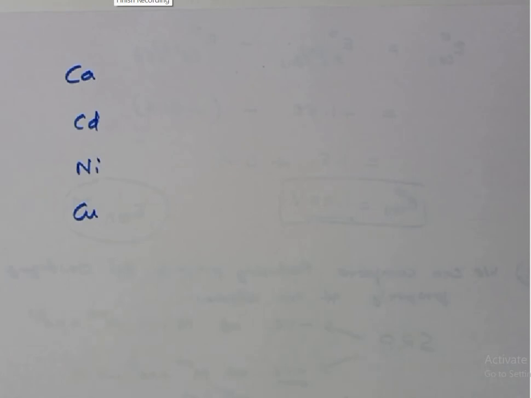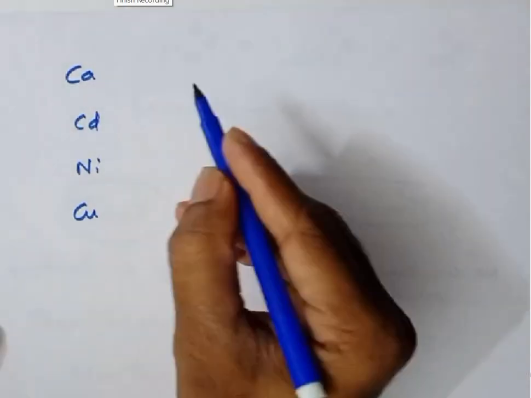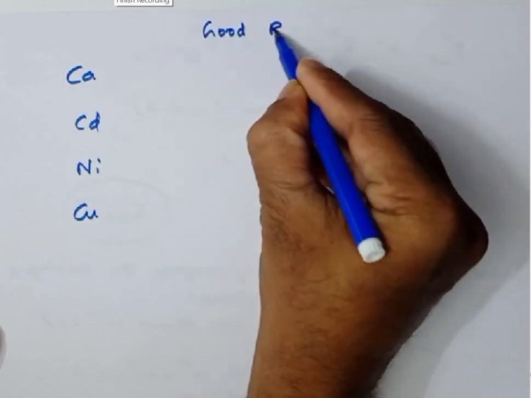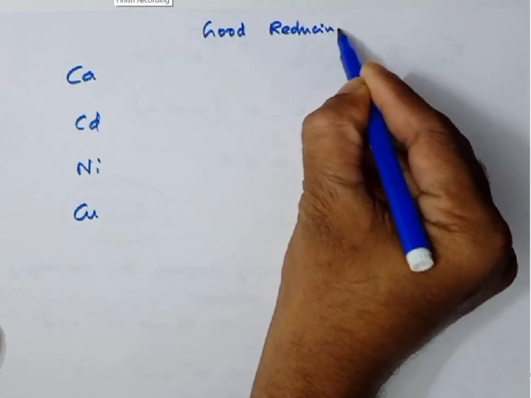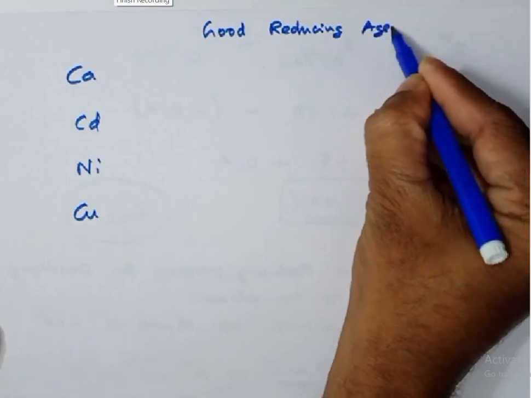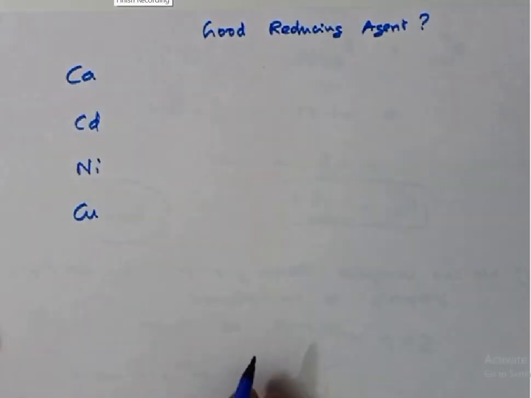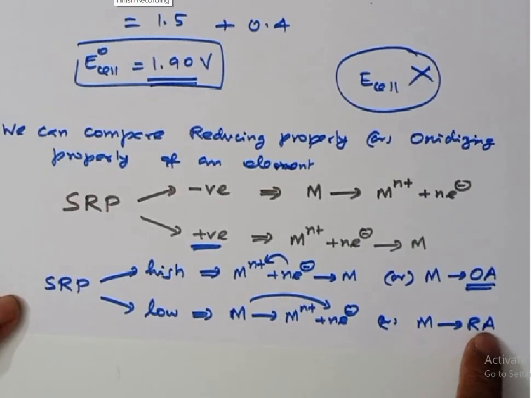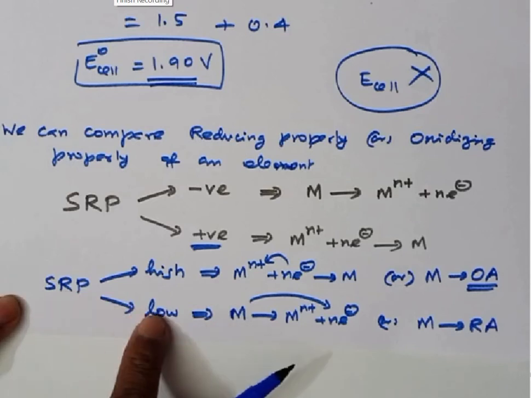Now the question is, among these, which one can act as a good reducing agent? You need to identify that. Listen, students, I'll repeat once again. For a metal to act as a good reducing agent, SRP value should be low.